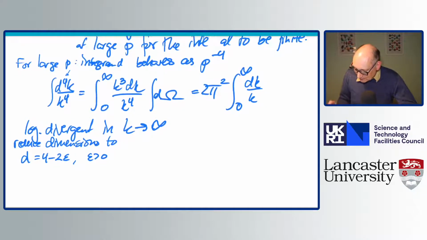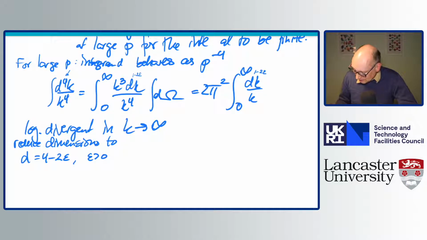Then we see that suddenly if 4 becomes 4 minus 2 epsilon, then if we still take the 3 out, what we have here is not 1, but 1 minus 2 epsilon. If we here have 1 minus 2 epsilon, then actually the integral is finite. So if the number of dimensions in the numerator here is reduced, then the integral becomes finite.